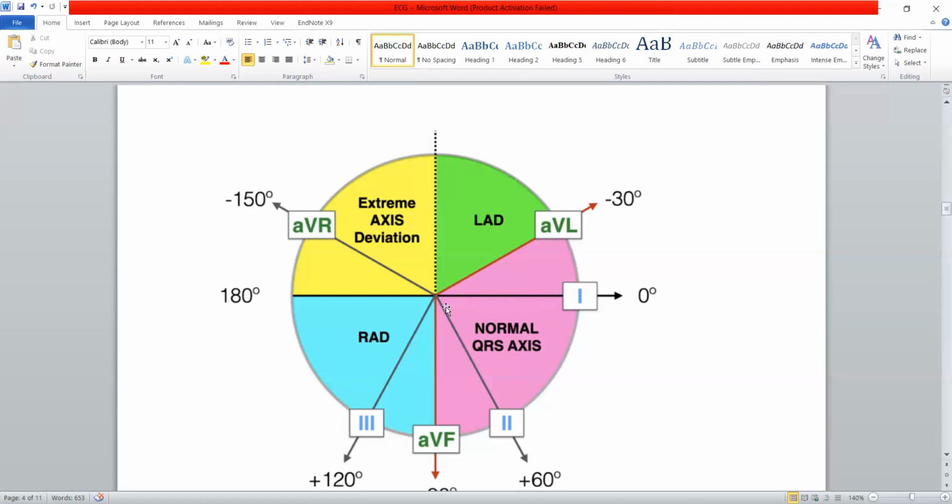And if the QRS complex is positive in AVF as well, then it means the current is flowing towards AVF. So the cardiac axis is between 1 and AVF, somewhere between these two points. So if both of the QRS complexes are positive, then it means the cardiac axis is normal, right?